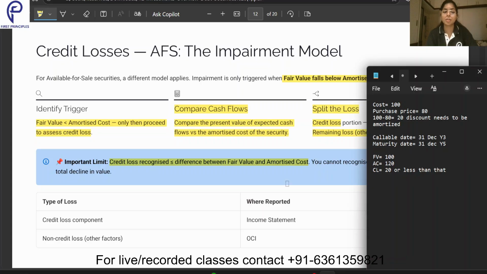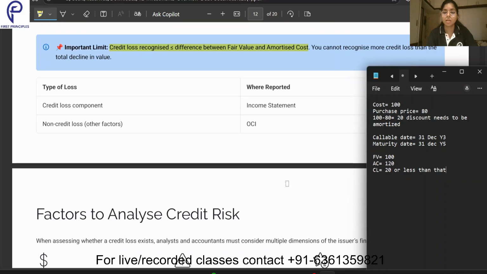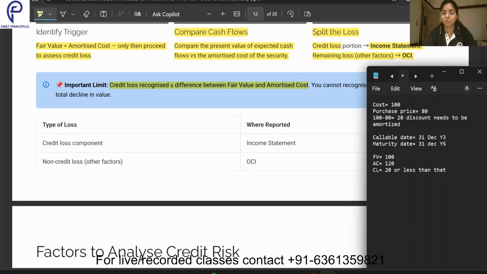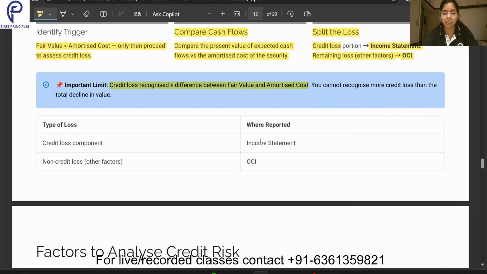Why? We cannot recognize more credit loss than the total decline in value. We cannot have a credit loss of more than 20. Now, what is the type of loss? Credit loss is recorded on the income statement, and non-credit loss is recorded on my OCI, other comprehensive income.